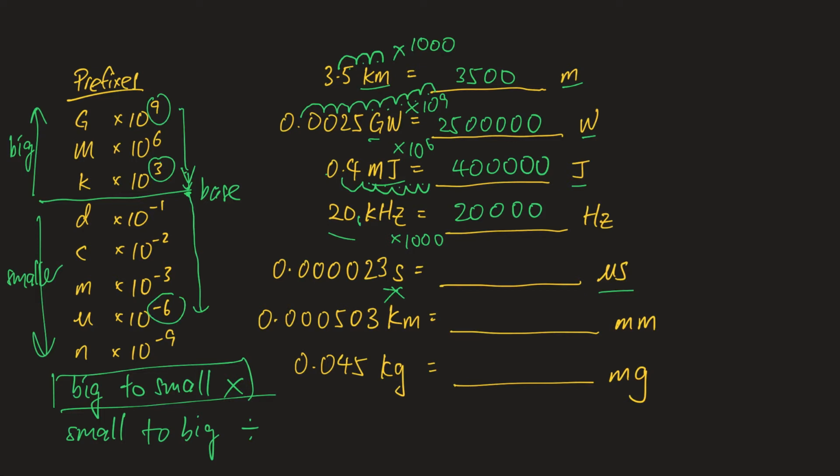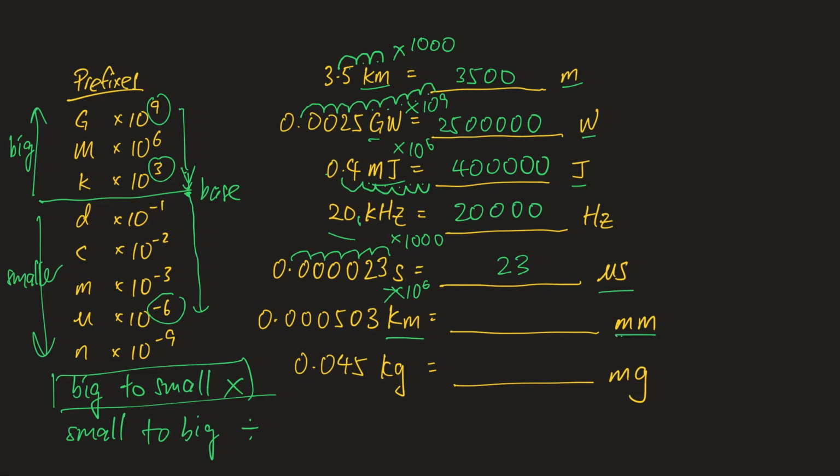You just pay attention to the 6 because you no need to care about the negative or positive. So times 10 to the power 6, I will jump 6 times, 1, 2, 3, 4, 5, 6. So it is 23 microseconds.